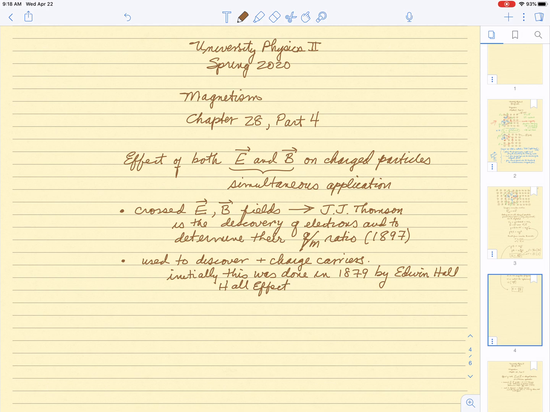And later it was used to discover, as I said, that not only electrons or negatively charged carriers are important, but also one can have positively charged carriers. And it's only with that discovery and capitalizing on that discovery that we could make transistors, and hence have all the electronics that we have today. So the Hall effect was a key experiment in those discoveries.